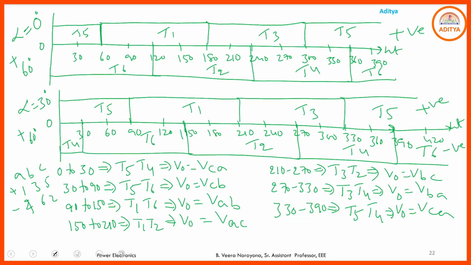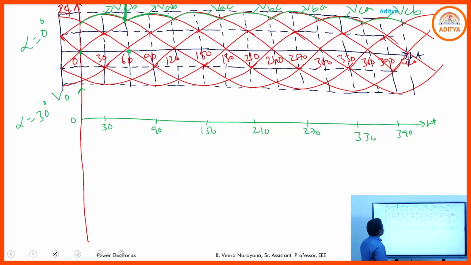So 0 to 30, what is the output voltage? VCA. Then you blindly follow the VCA curve. Where is the VCA? This one. This is the VCA. So from 0 to 30, that is the output voltage waveform.